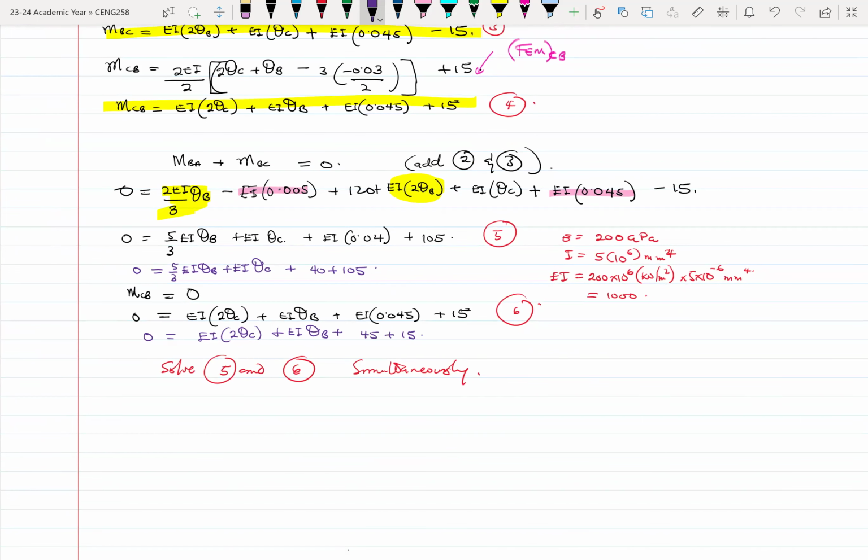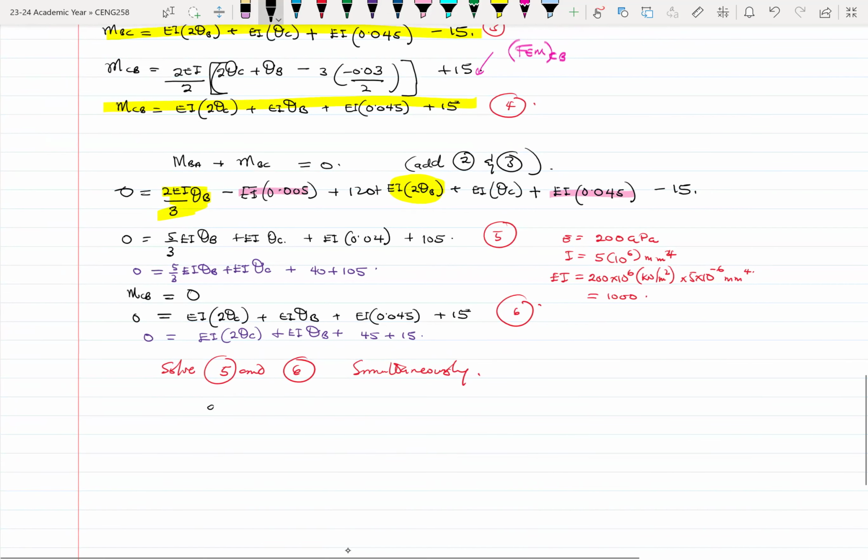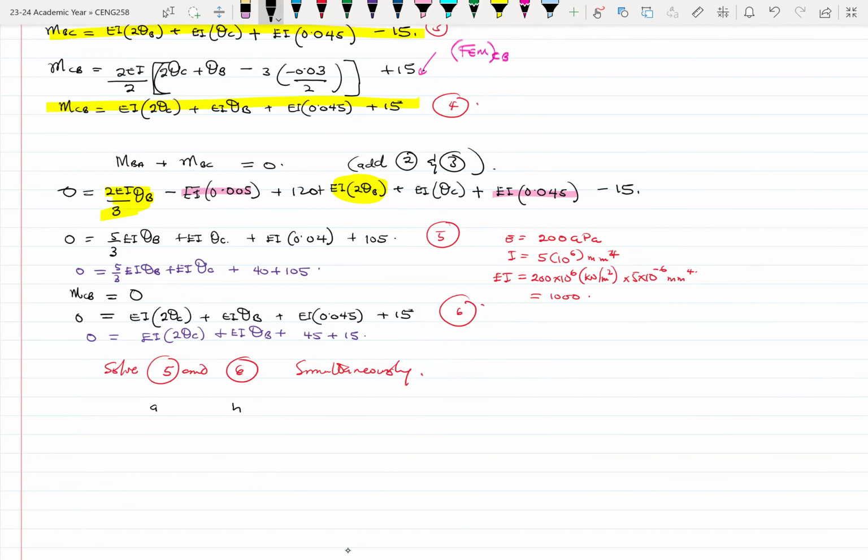Okay. So solving these two simultaneously means that you just go to your calculator, you go to equations, and then you choose, I think, the first term. So you have to know what your A, B, and C are. So pretty much in a table form, this is my A, B, and C, just so that we have an idea of what we are doing. This is for equation 5. This is for equation 6. For equation 5, our A is 5 over 3.